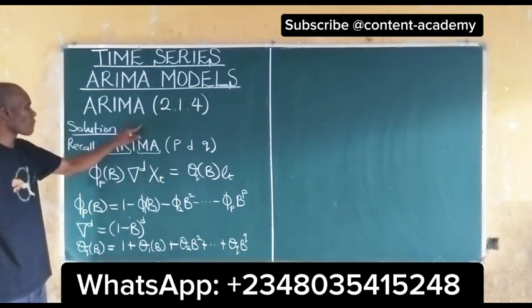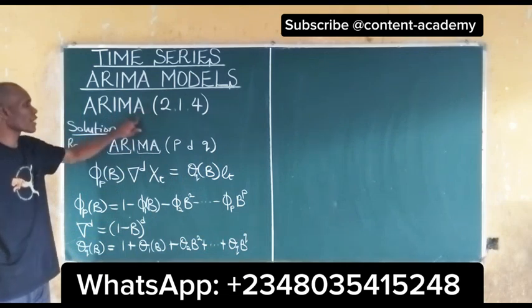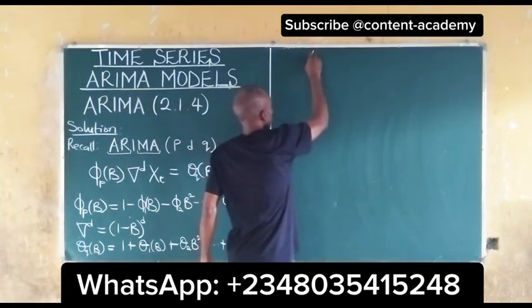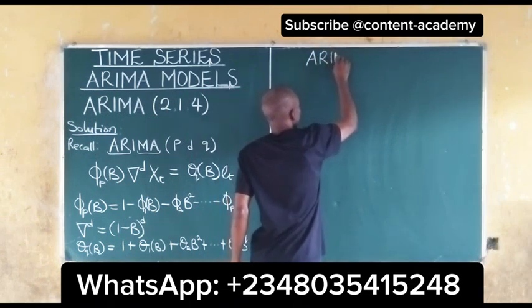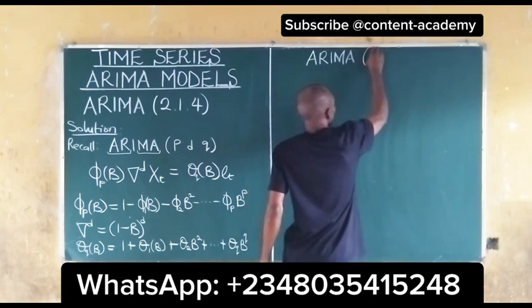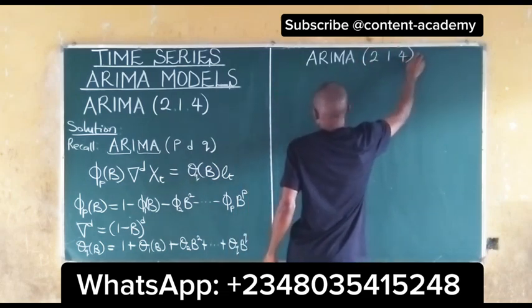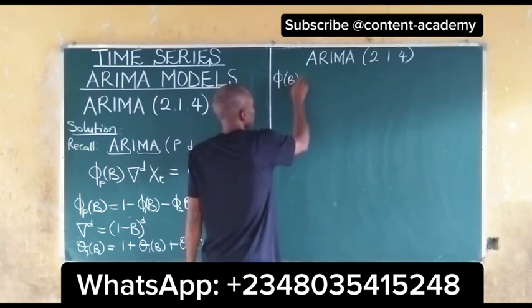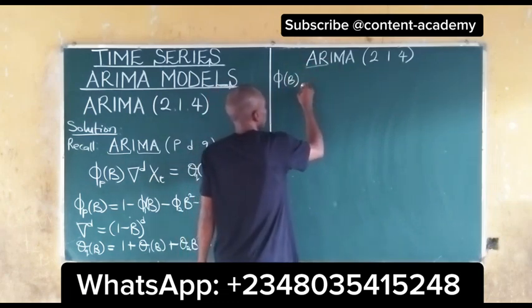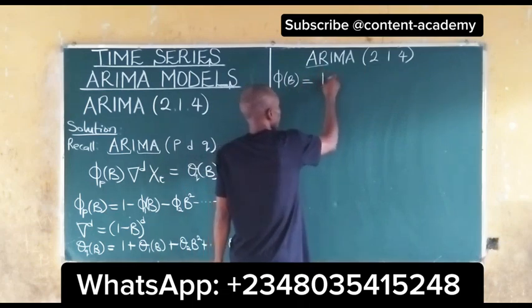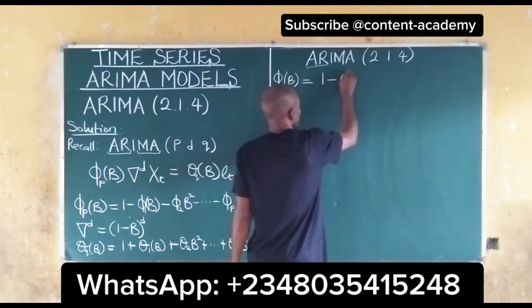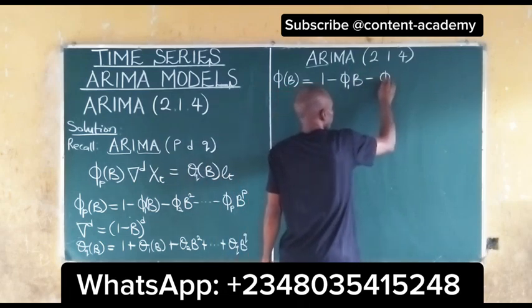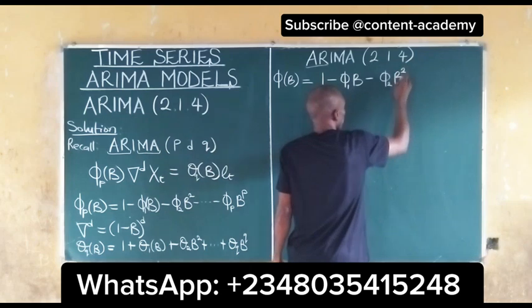The next thing to do is to compare this and this, and compute ARIMA(2,1,4) in this pattern. So ARIMA(2,1,4) can be written as, for our order p, that means the autoregressive part of order 2, we have it to be 1 minus phi_1 B minus phi_2 B squared.